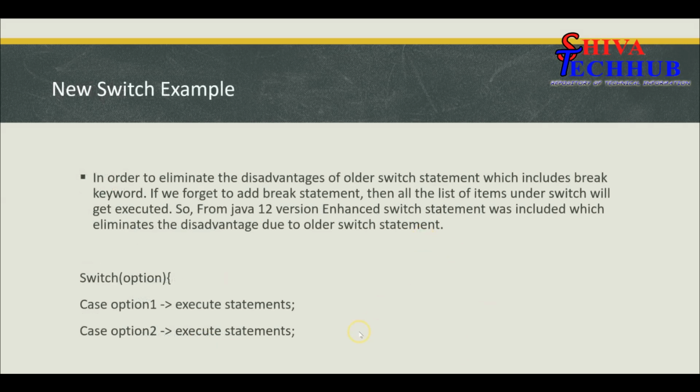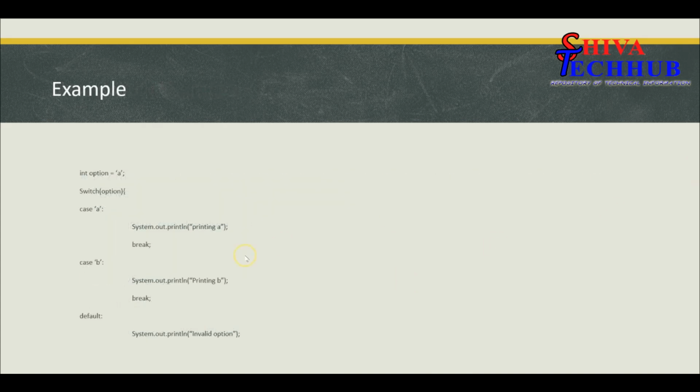One more important point we need to understand is the difference between the older switch and the newer switch. In the older switch, at the end of each and every case block, we specify the break statement, correct?